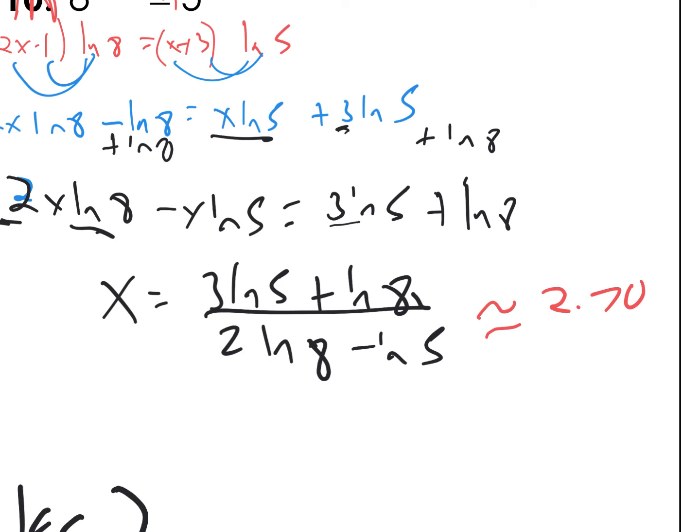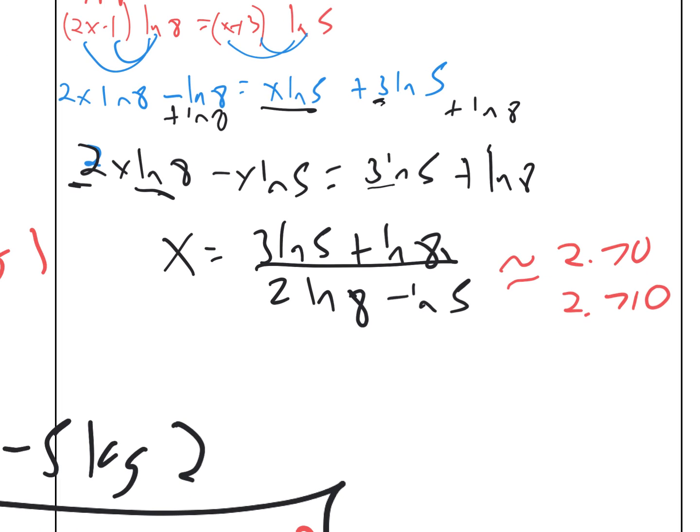Well, no, what was it? 70951. 95, so you want to round it up to a 10, so you go 2.710, because you need 3 decimals. Yeah, I see what you're saying. All right, that was Luciano's magic and solve. Luciano, if you send me a message, I am going to give you some points for your help today.